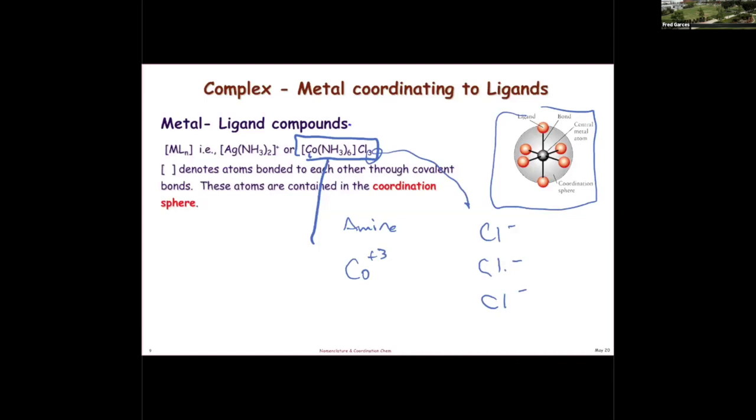Ammonia is a neutral ligand. It doesn't bear a charge, but the cobalt, because it's lost 3 electrons, is a +3. And in order to make a compound that's completely neutral, you've got to have an anion that is opposite to the +3, and that would be the 3 chlorides. So these are called counter ions.